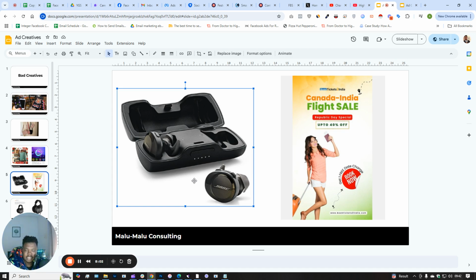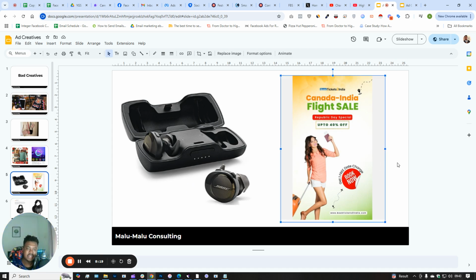What I'm trying to say is, if you're selling a product, it's just not going to be as effective if you don't have a better background image. Now, these types of images that look like leaflets are not effective. Maybe 10, 15 years ago, but not in today's age of social media.